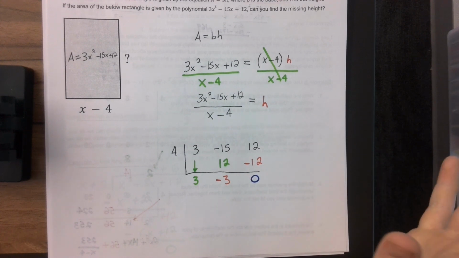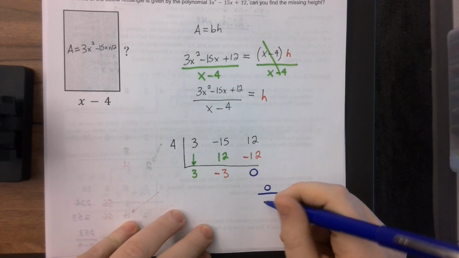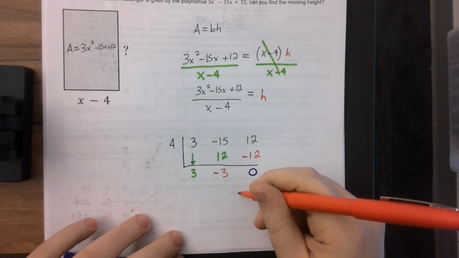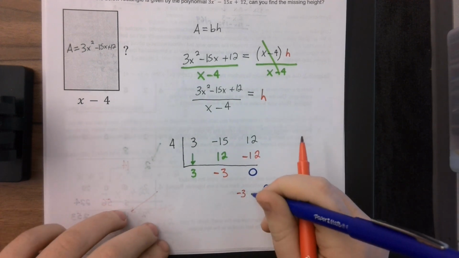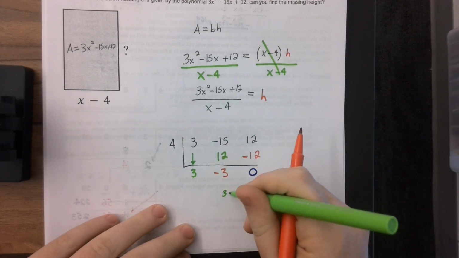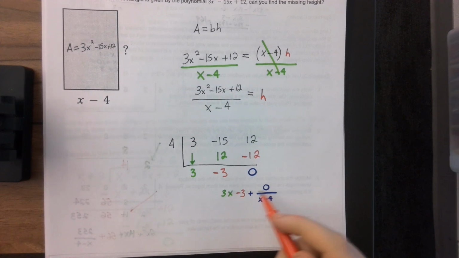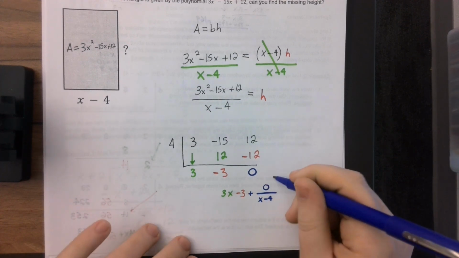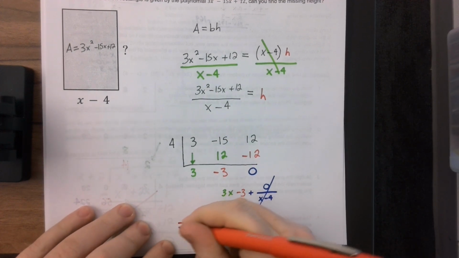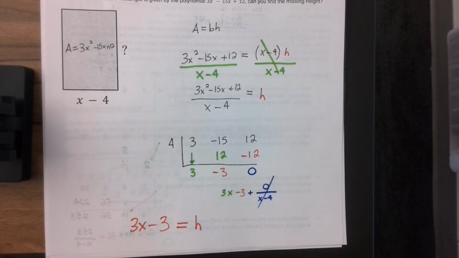We don't have anything left over. If I was to write this all out, it'd be like 0 over x minus 4 here. Then we would have our negative 3 that we're adding to it. And then we would have our 3x, right? But notice here, 0 divided by x minus 4 cancels out. We're actually just left with 3x minus 3. That's our missing height.